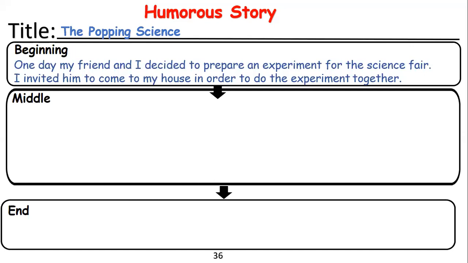Here, one day, this is the time, and here, my house, this is the place. So one day is when, my house is where. So here we can find the setting.